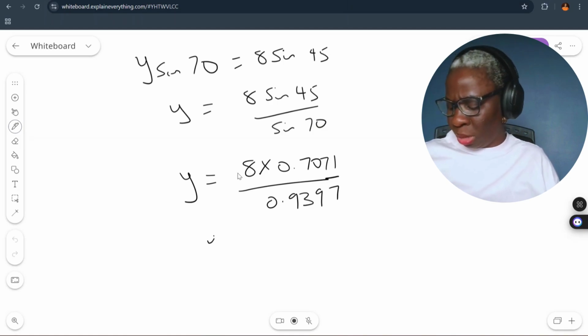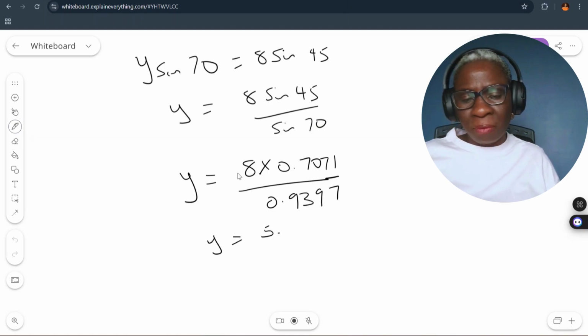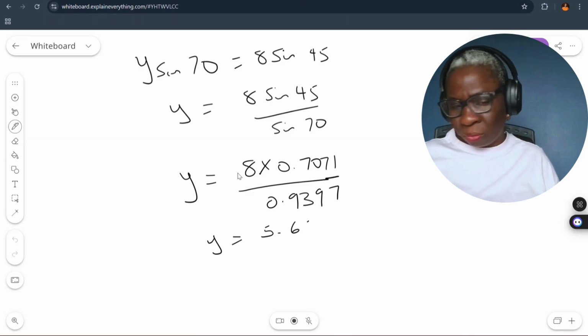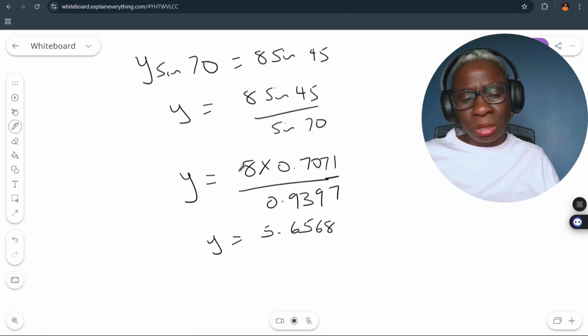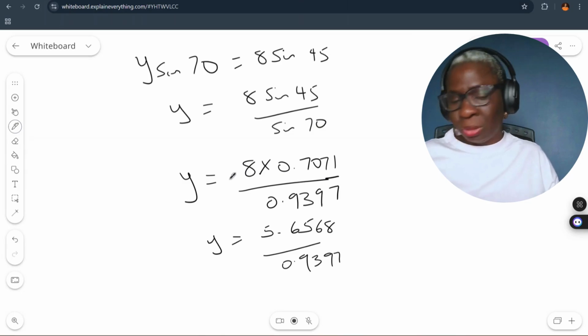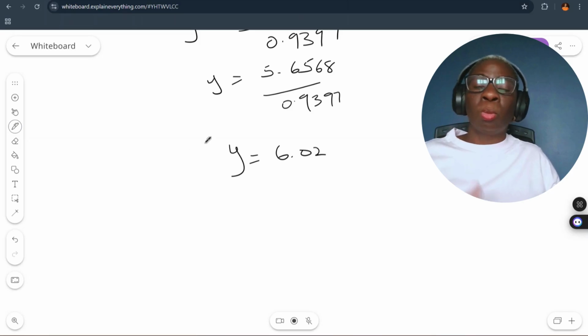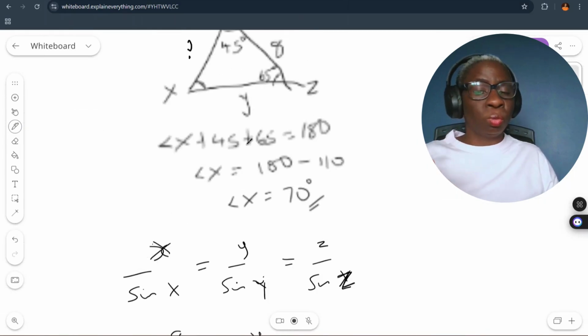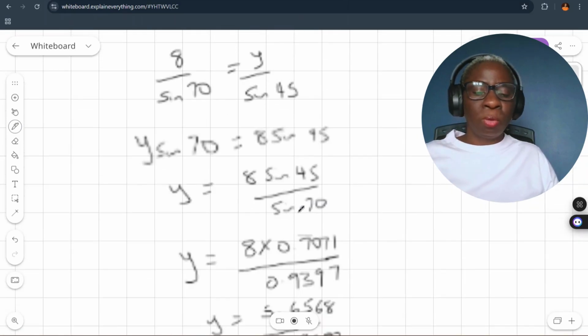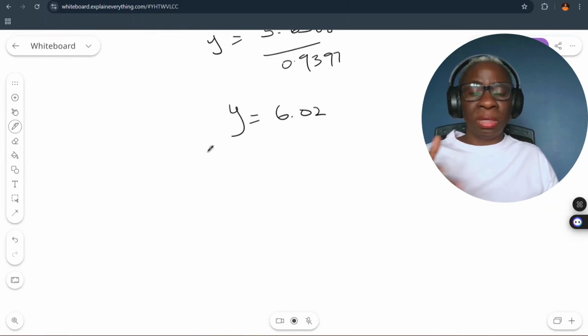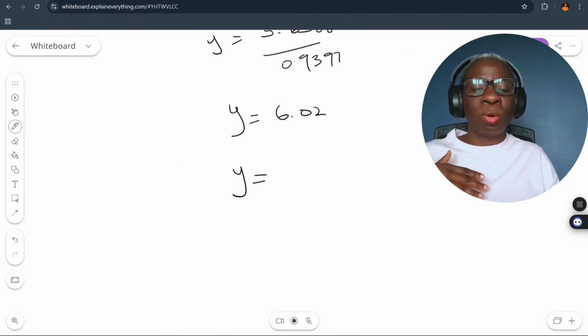So this would give y equal to 5.6568 over 0.9397. When you divide this, y will be equal to 6.02. But when we were given the side x, we were not given it in decimal places. So it will be better you leave your answer as a whole number. So that means y will be equal to 6.